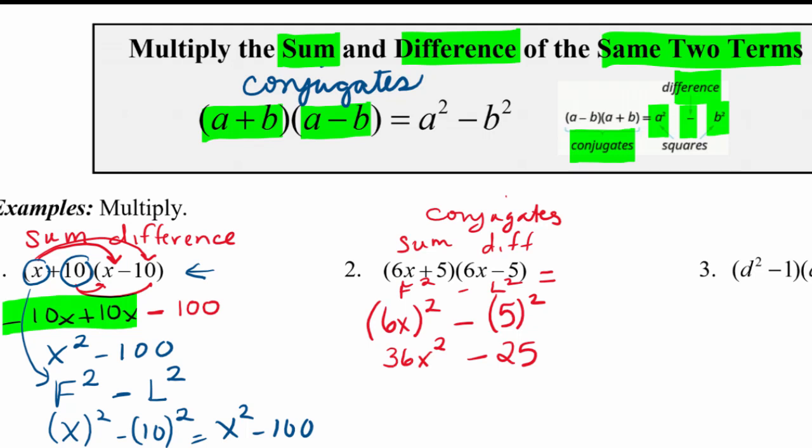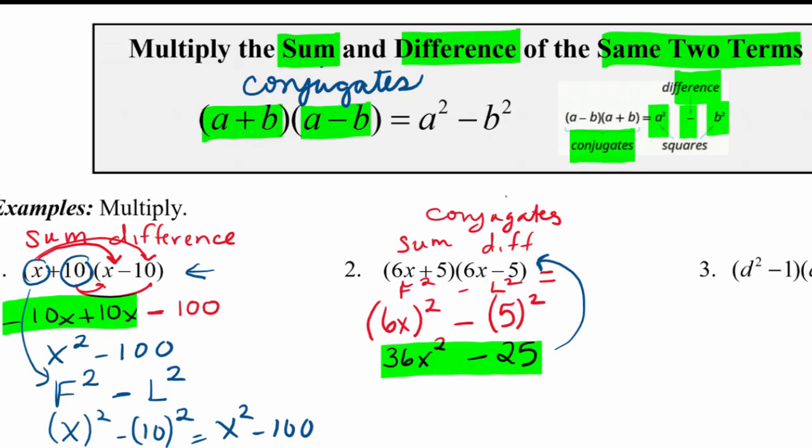But in the next chapter, we're going to go backwards. We're going to have to recognize this kind of answer where we have the difference of two squares, and we're going to have to come back to the original two binomials, and that's called factoring. And so that's where we're headed, and that's one of the reasons we'd like to introduce this special product to you now.